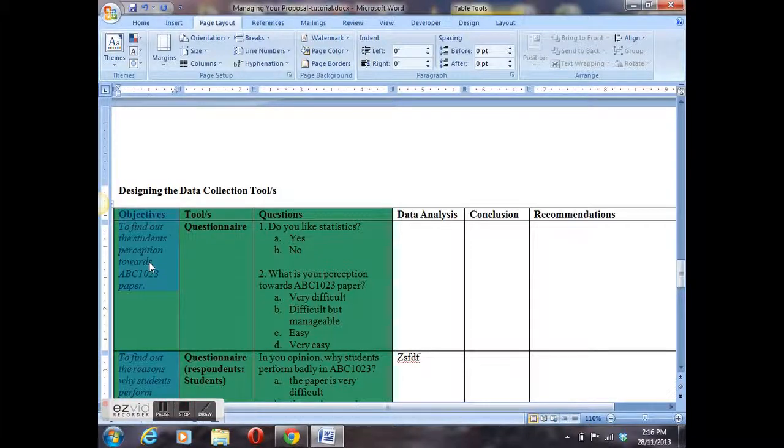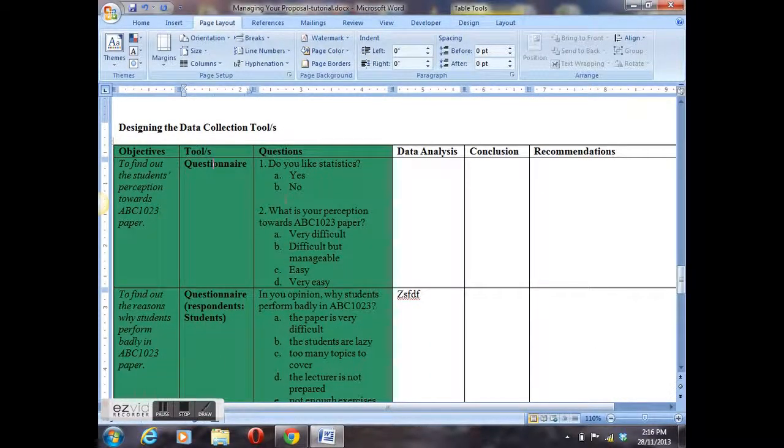determined the objectives for chapter 1, and here we just ignore chapter 2 on the literature review. We jump straight to the third chapter, the research methodology, and based on these objectives, we have decided on the tools to be used, and then you start to design your questionnaire, your questions here.